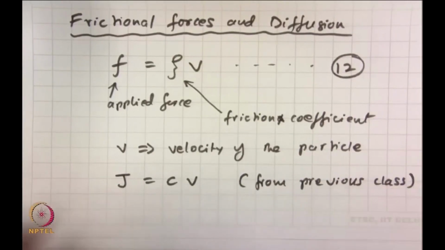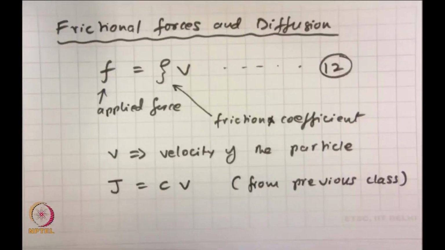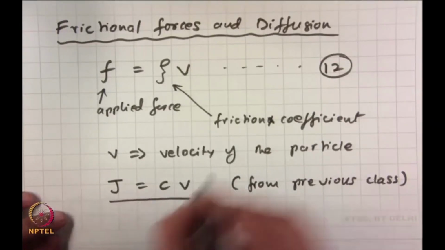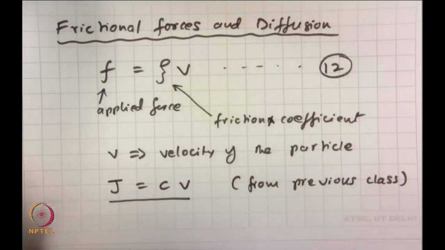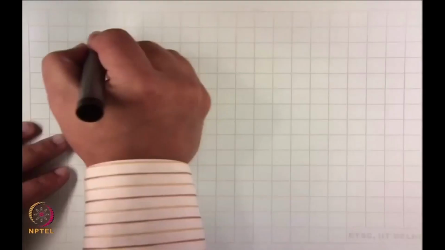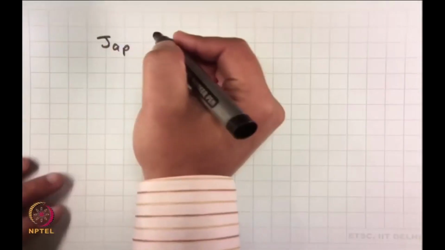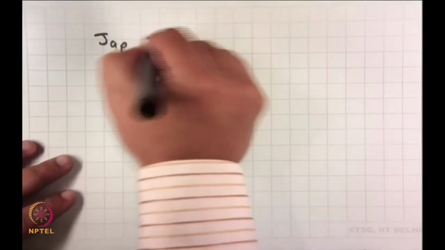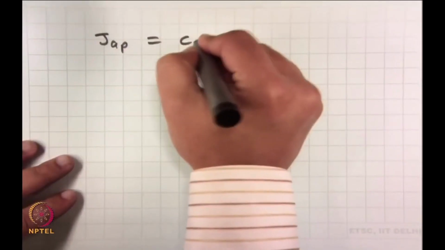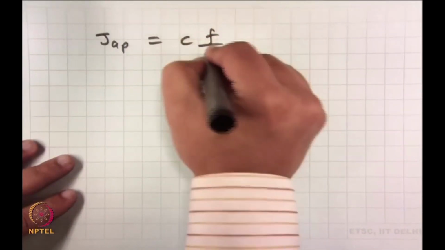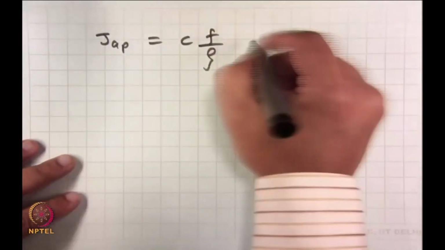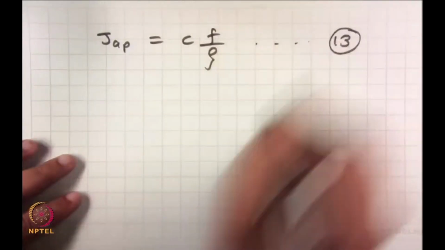We have equation 12. So, based on this and equation 12, I can replace v by F by xi. So, I can write that the flux J of the applied force is equal to C times v, which was F over xi, and this would be equation 13.